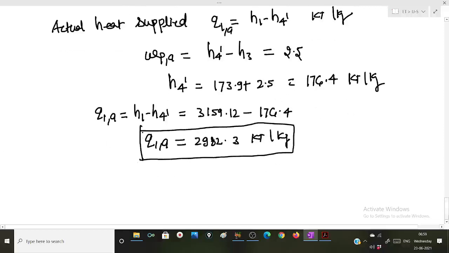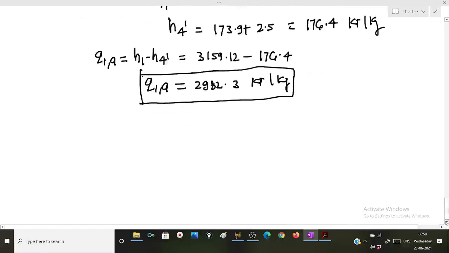So now I can calculate actual cycle efficiency. It is nothing but ratio of actual net work output to the actual heat supplied.